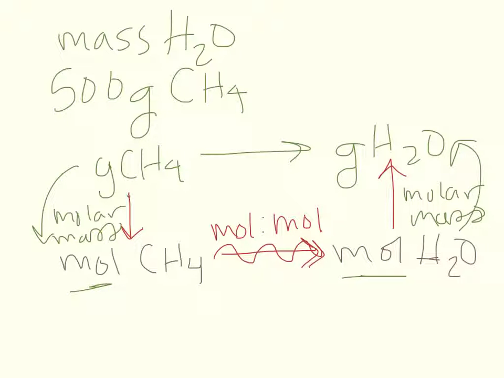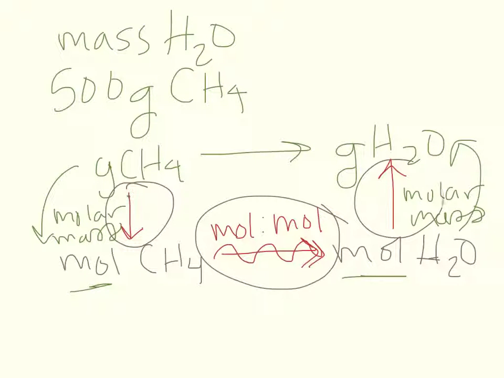And this is using the coefficients in the front of these compounds in my balanced equation. Every one of these arrows tells me that I'm going to need a box in my dimensional analysis, my unit cancellation. That's going to tell me that each one of these requires some sort of ratio, some sort of conversion factor.